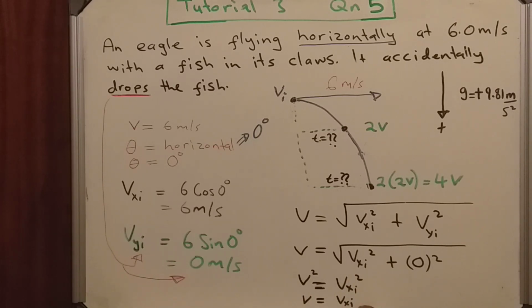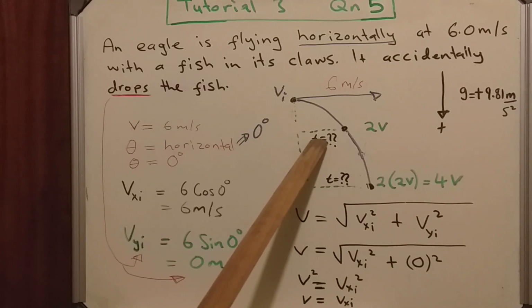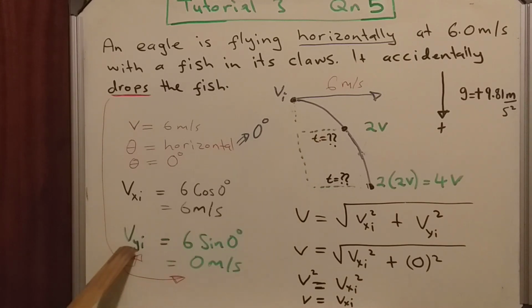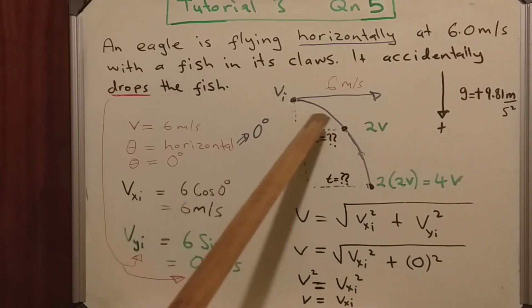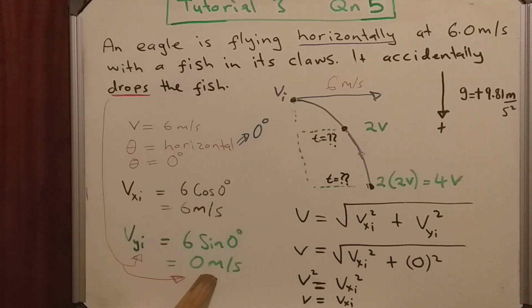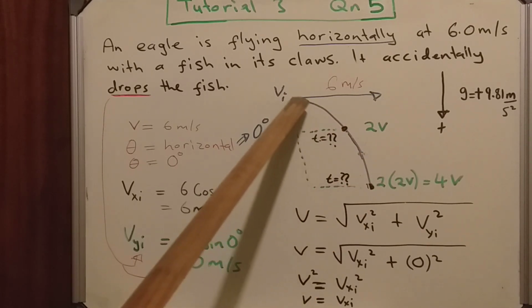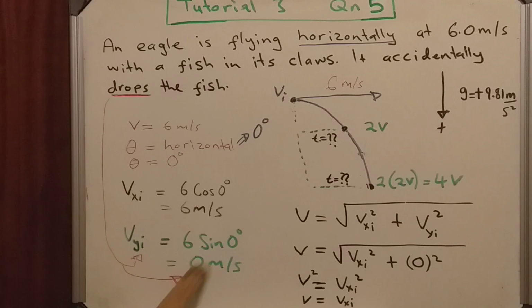So at any given point, the speed of the fish is the same as the x component. However, the Vyf at any given point is no longer 0. It will change with the time.